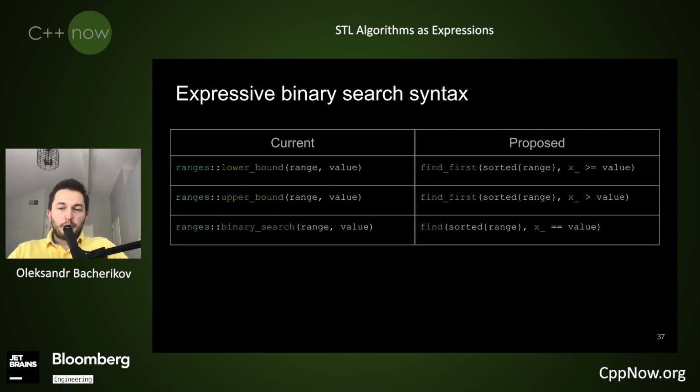And it will look at the arguments. So first we need a wrapper to indicate that the range is sorted, which I show in here as sorted_range. So find_first will look if the first argument is a sorted range, and the second one is a predicate of the form like x greater than or equal to some value.